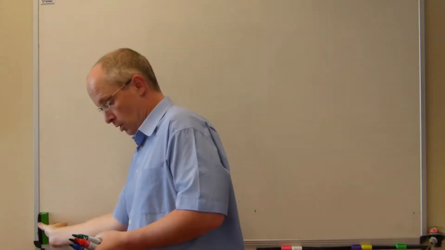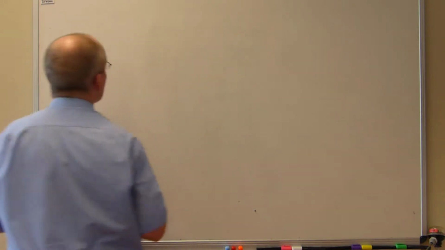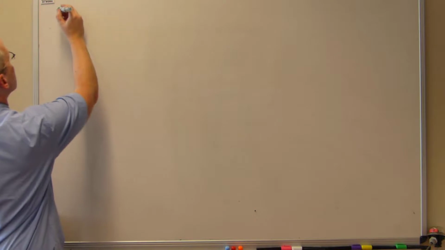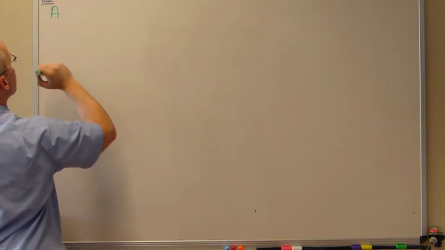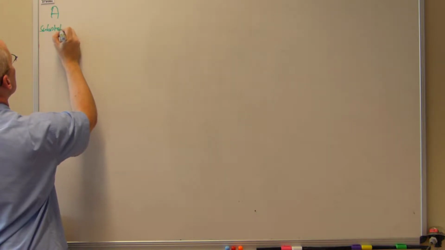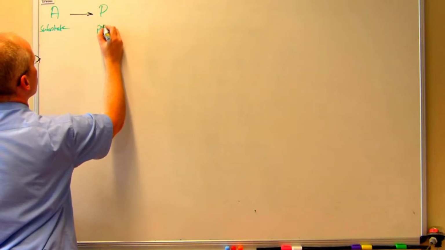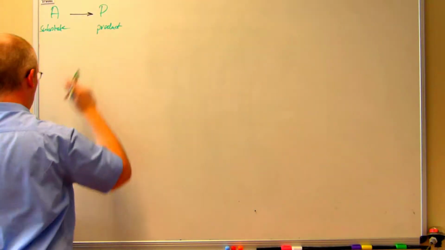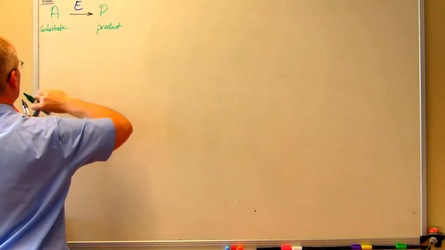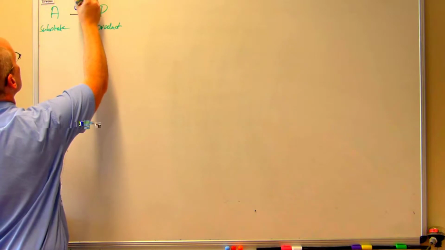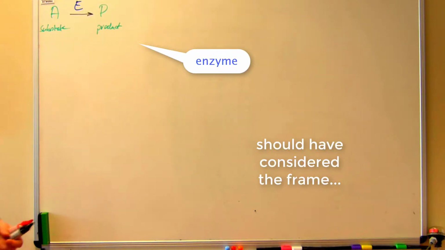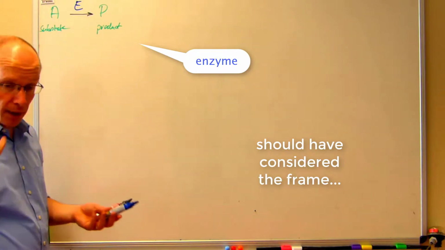Okay, so enzymatic reactions are about the conversion of a substrate to a product, and we do this with the help of an enzyme. So these are the three ingredients we get at minimum.